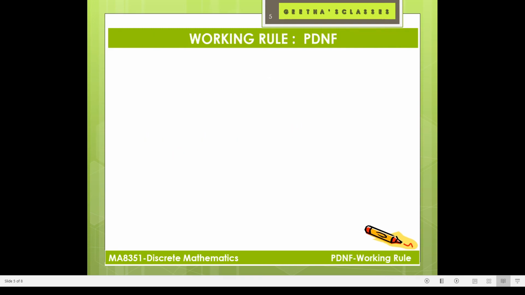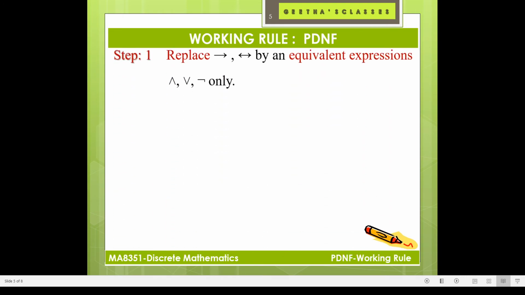Now we are going to see the working rule for PDNF. There are 6 steps in total, so you have to remember all six steps. You have to use them to solve the problems. First step: replace implies and if and only if by an equivalent expression using AND, OR and negation only. So you have to replace the arrow symbol, that is the implies symbol, and the if and only if symbol.